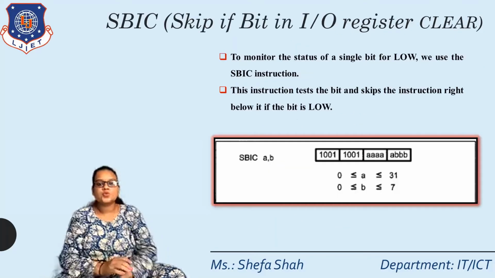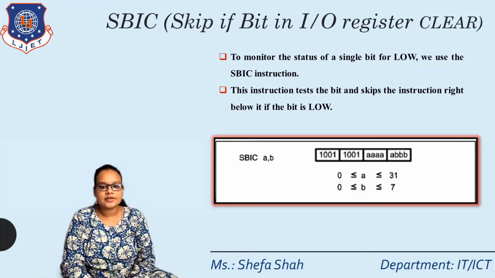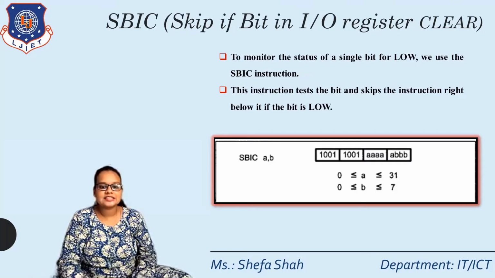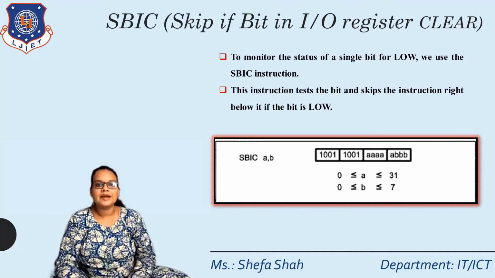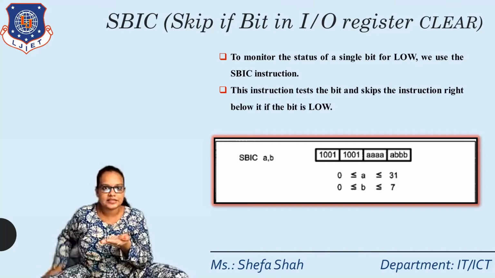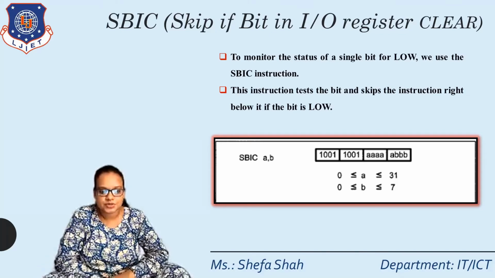Now next we will see SBIC, that is skip if I/O register bit is clear. It will check the particular port and bit written in SBIC A comma B. A stands for port and B stands for bit number. So if the bit is 0, then it will skip the instruction under SBIC, and if it is 1, then it will execute that particular instruction, right?